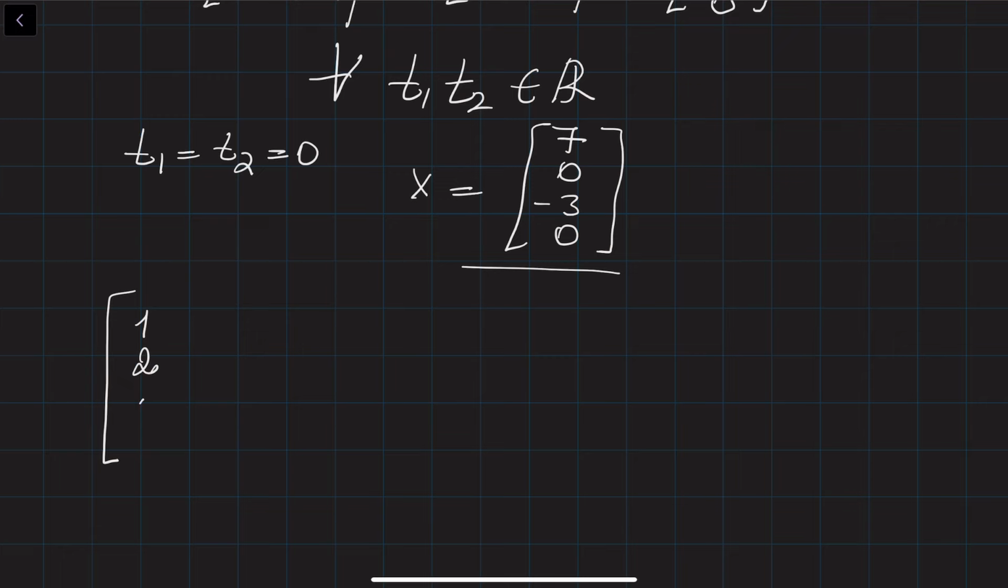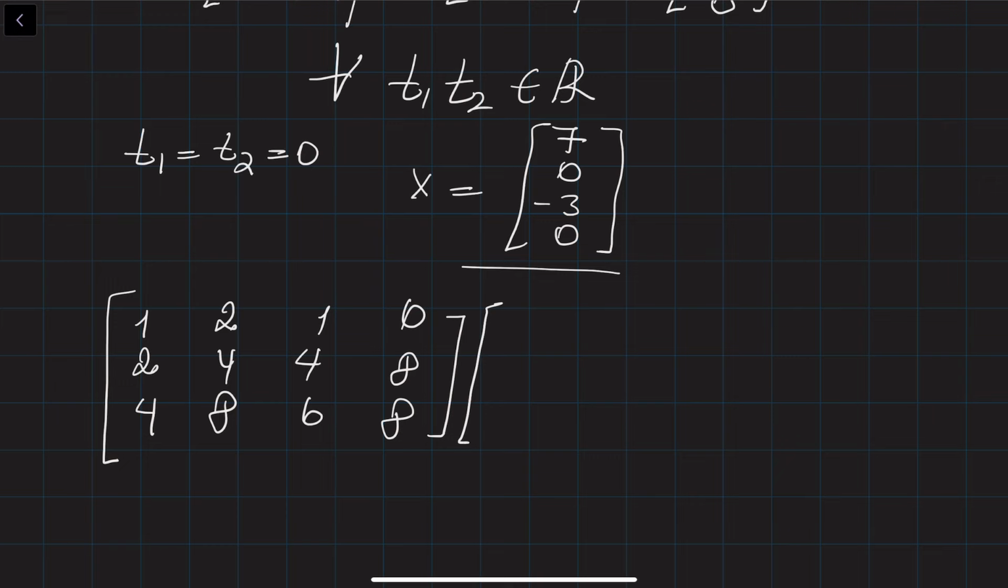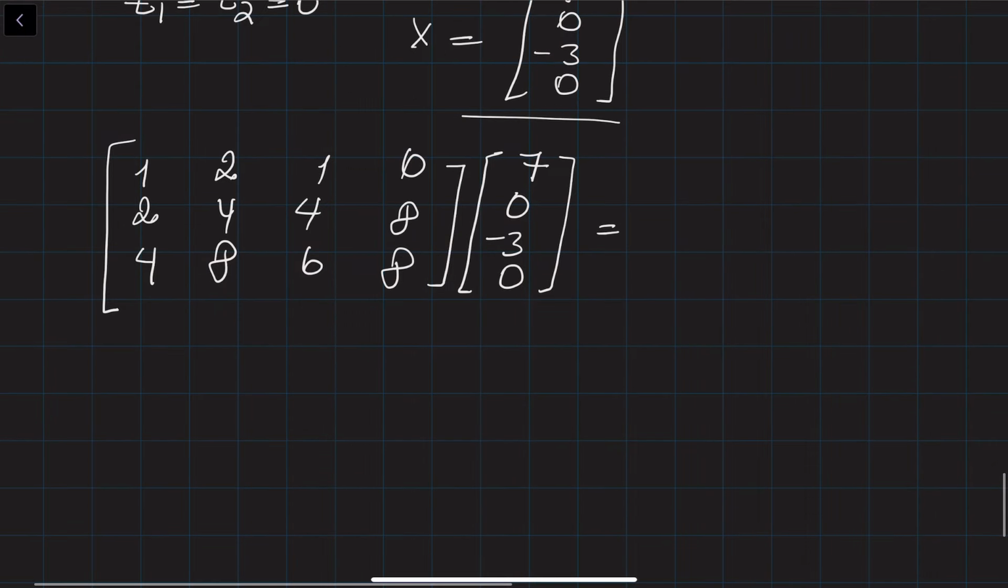So the matrix with rows 1, 2, 4, 2, 4, 8, 1, 4, 6, 0, 8, 8 is going to be multiplied by this vector 7, 0, minus 3, 0. I'm going to do this in this way. If you remember, we can combine the columns of this matrix A by multiplying them by the corresponding entries of this vector x.